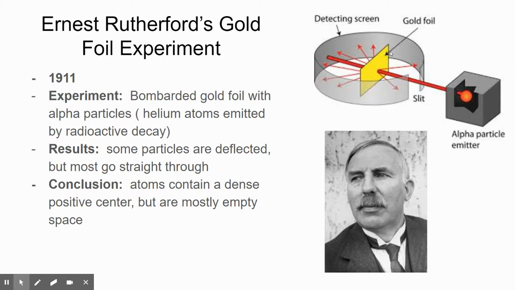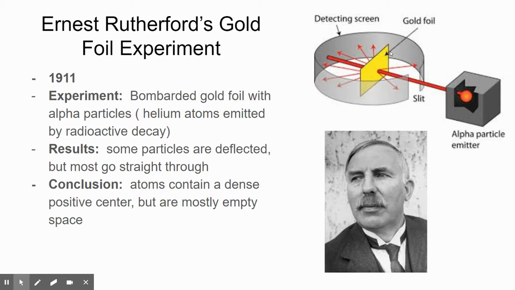And as far as we're concerned today, we believe that atoms are 99% empty space. So we don't really know what's there. It's, as far as we're concerned, nothing. But we don't really know. So 99% of the atom is empty space. And then there's a dense positive center. Okay.